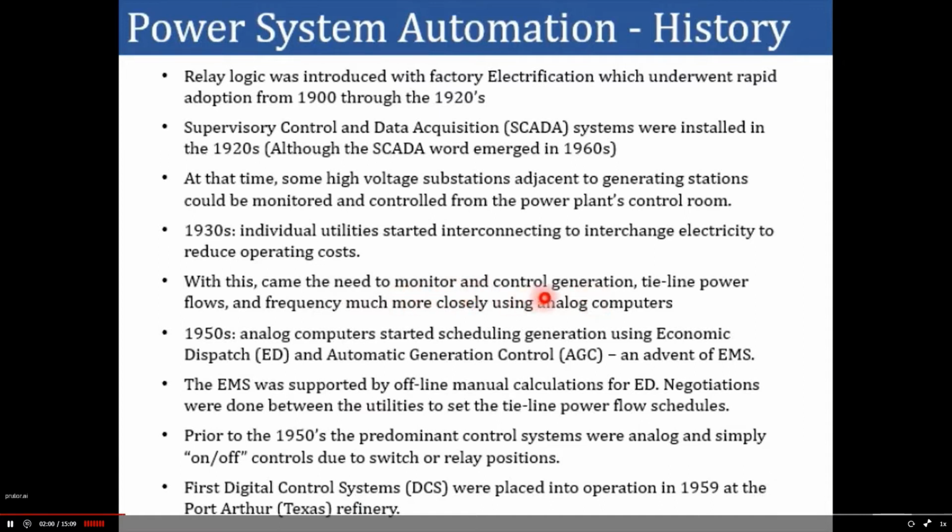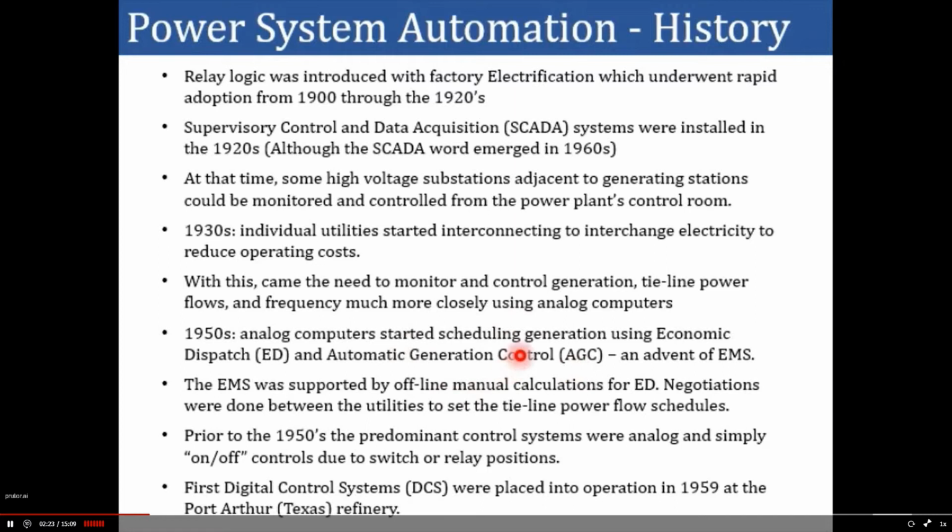But that effort was very limited because the systems we were using at that time did not have much capability. Now in the 1950s, the analog computers started scheduling of the generation using economic dispatch and automatic generation control.